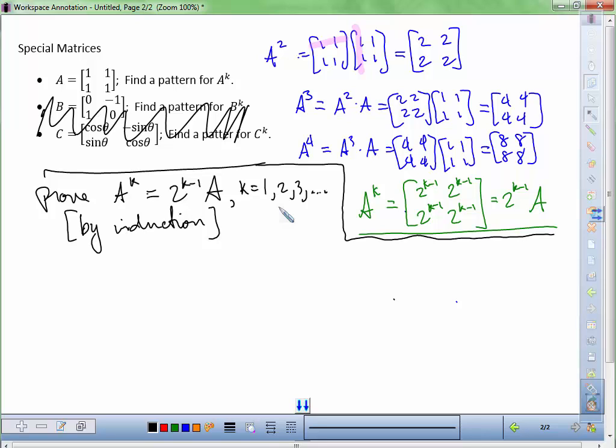Anyways, the set of numbers 0, 1, 2, 3 are called whole numbers. So natural numbers start with 1, whole numbers start with 0, 1, 2, 3, and then integers are positive and negative whole numbers.